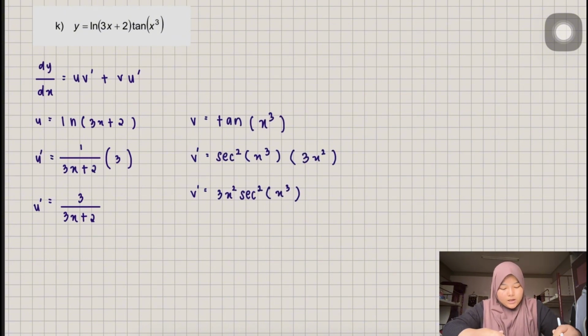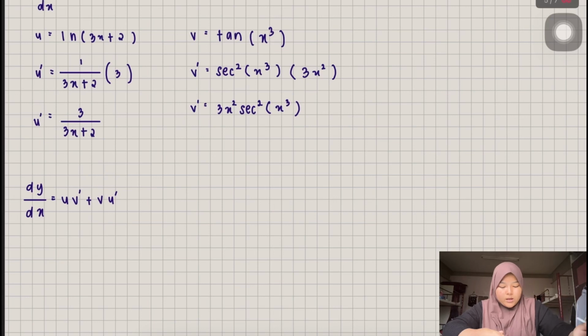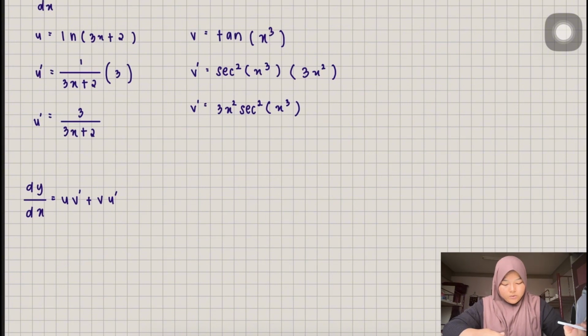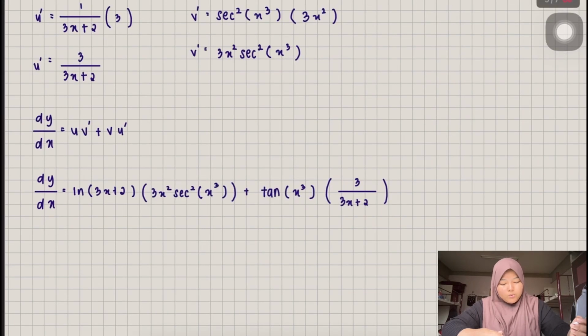Next, using the same formula, which is the product rule, dy/dx equals uv prime plus vu prime, we have to replace it with the answers that we got. So we replace it and it becomes ln(3x plus 2) times 3x squared sec squared x cubed plus x cubed times 3 over 3x plus 2.